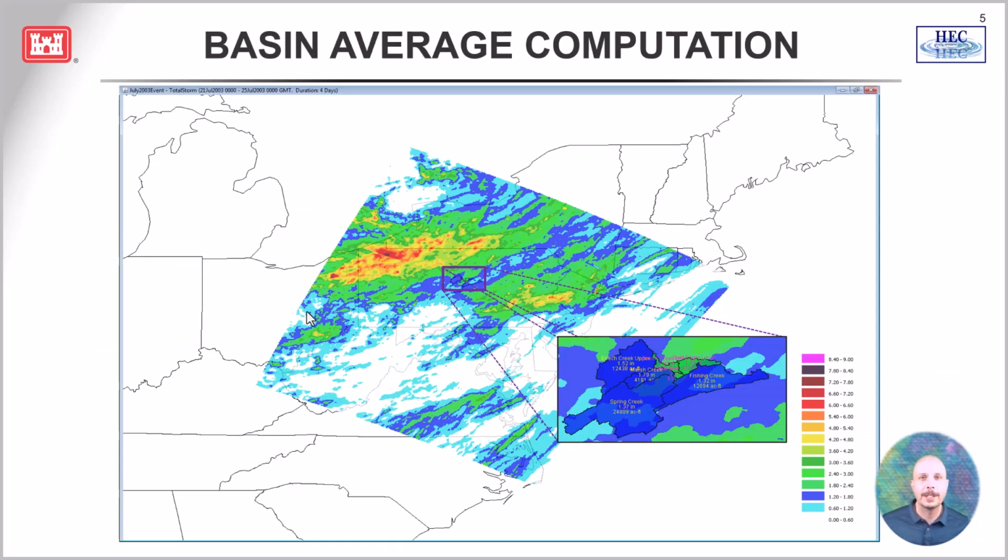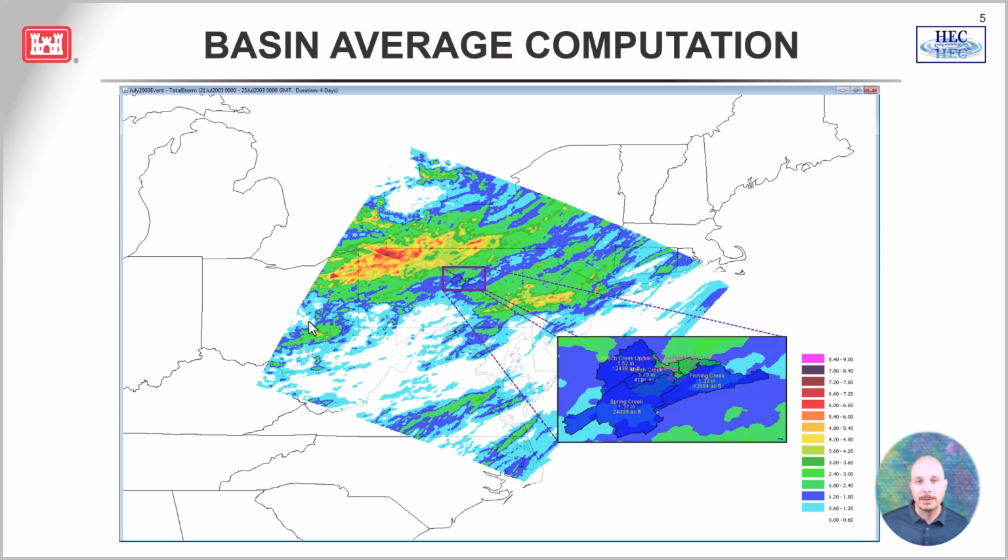When reading DSS gridded records, HEC-MetVue takes the time sequence of those gridded records and aggregates them. That's to display a statistic grid. So typically for precipitation gridded records, HEC-MetVue would compute and display the cumulative precipitation grid for the selected time window.